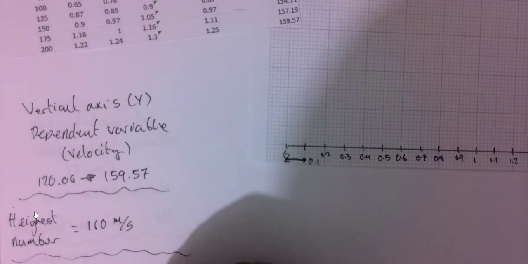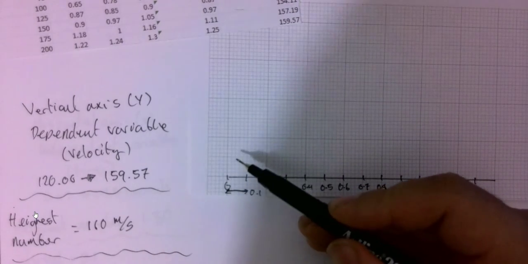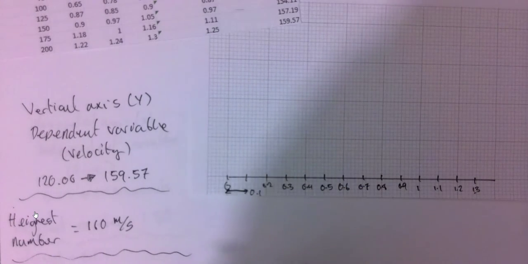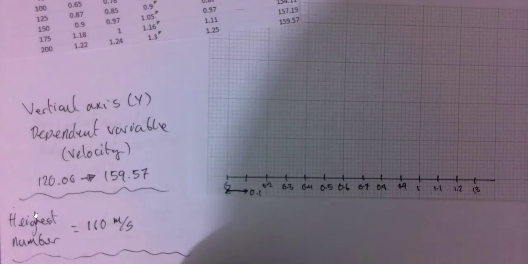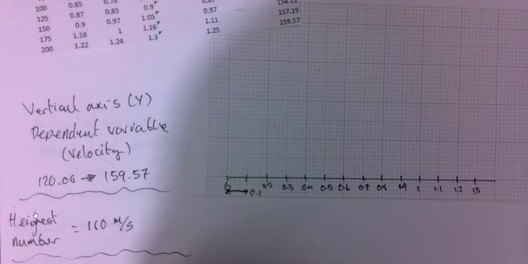So our interval is going to be 10. It's going to be a value of 10 from the 0 point to the next mark between the five squares, then we're going to find our increment. Our increment is equal to 10 divided by 5 squares, and that's going to give me a value of 2.